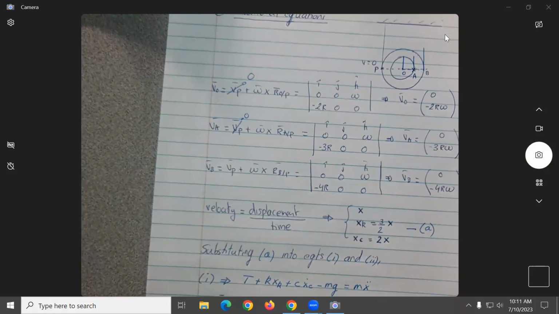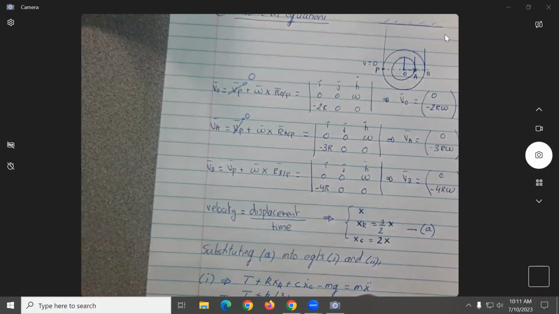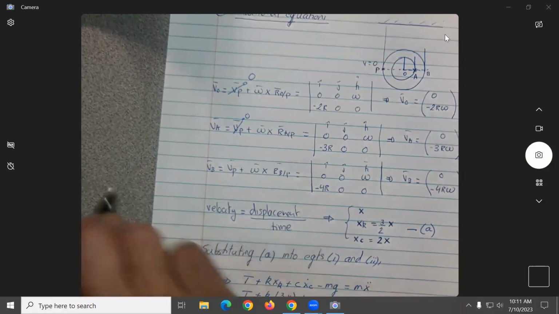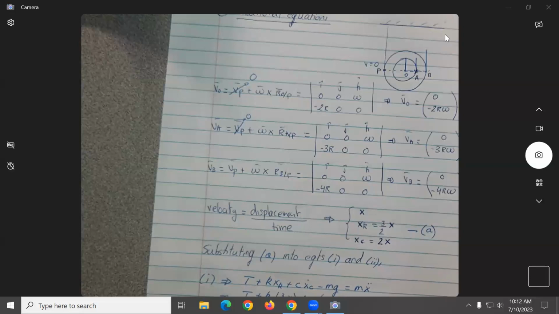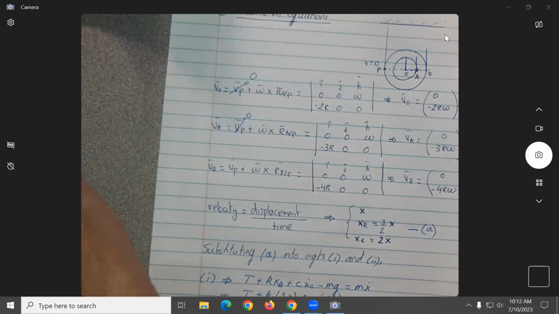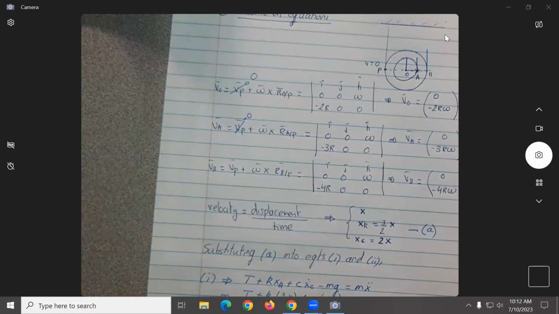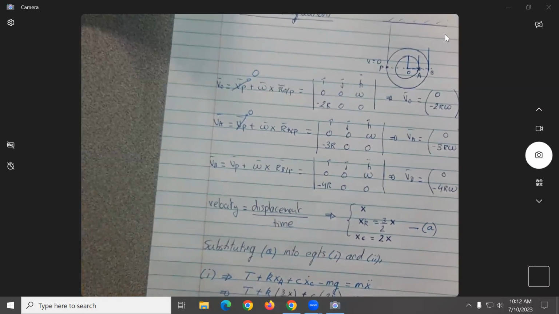So this equation will become T plus K times three halves of X, plus C times 2 x dot, let's not forget the dot, minus mg equal to m x double dot.